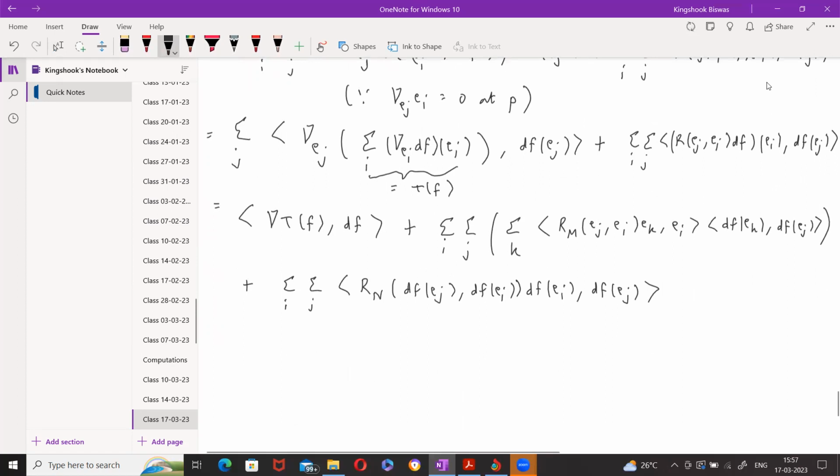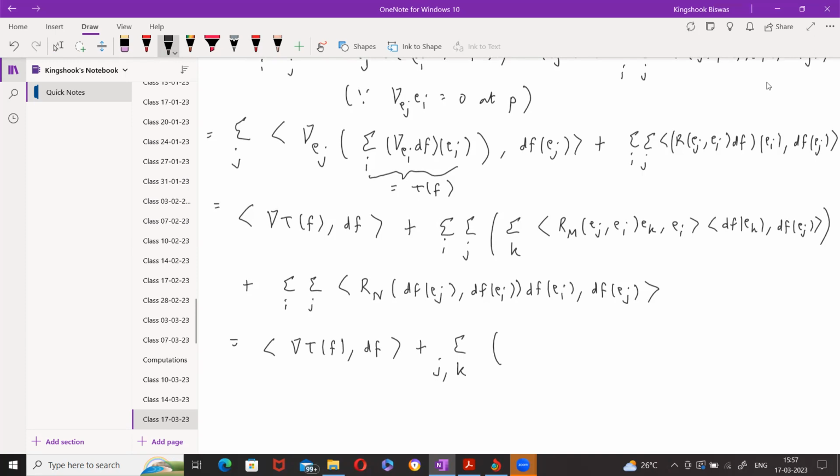All you have to notice is that here we want to get a Ricci curvature. So what we do is I take the sum over JK outside, right? And then inside, if I sum over I, what do I get? If I sum over I, this stays fixed, right?